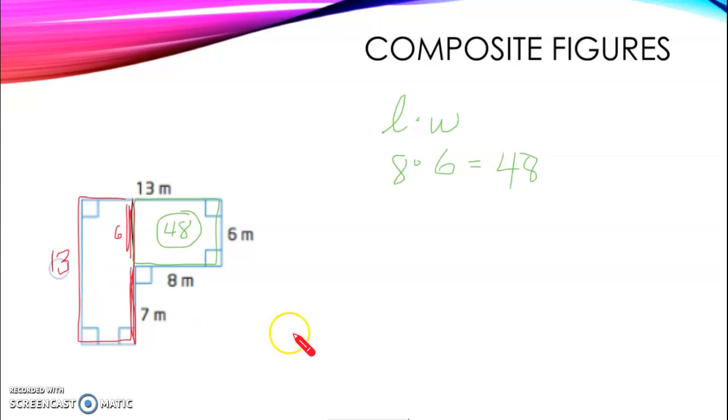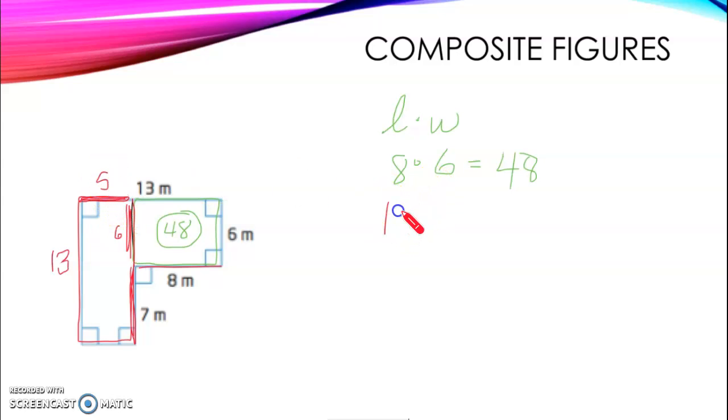And then this distance on the top, the whole distance is 13, but how do I find just this little piece right here? Well, some other information is that this is 8. So if I subtract those from each other, that'll give me the distance that's left over. 13 minus 8 is 5.